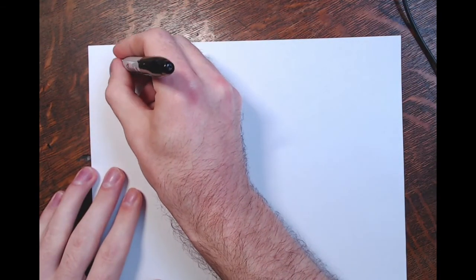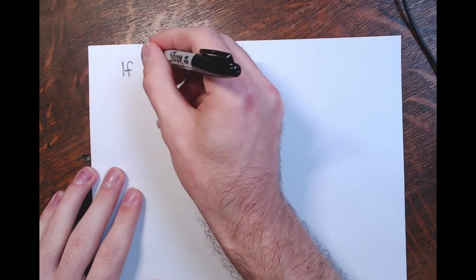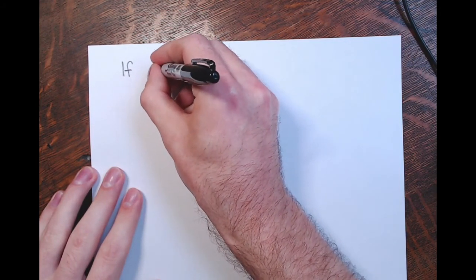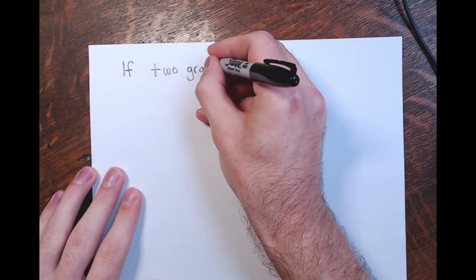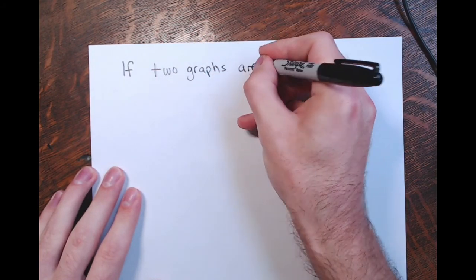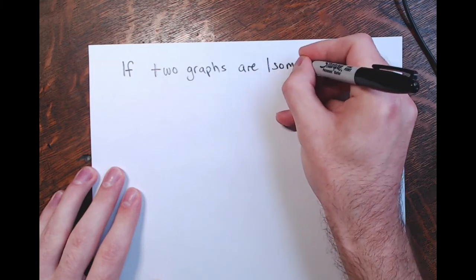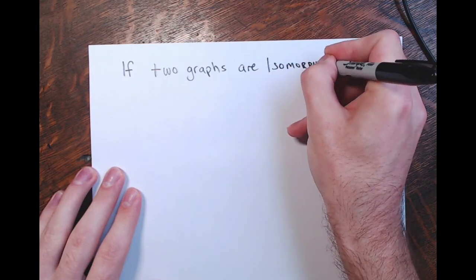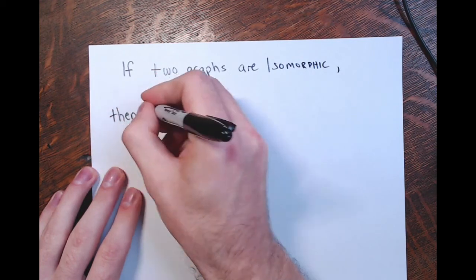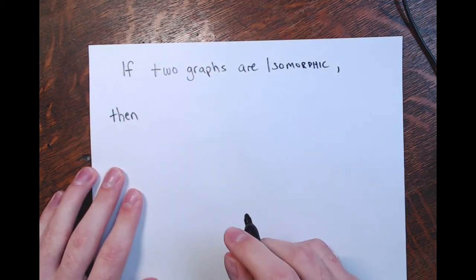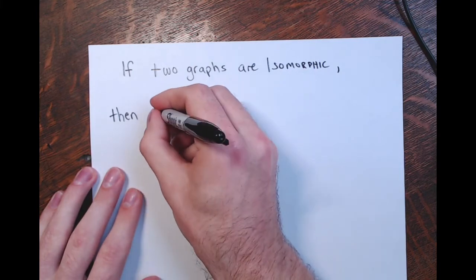We're saying if two graphs are isomorphic, then they will have the same degree sequence.